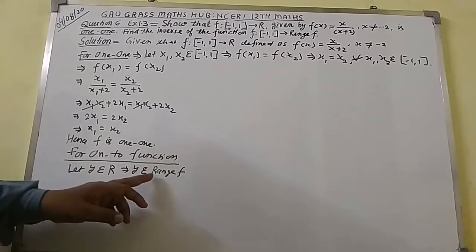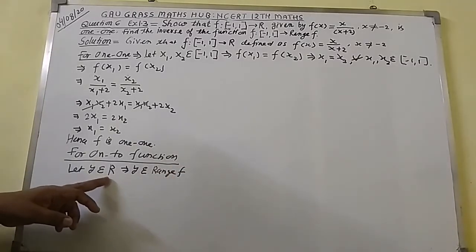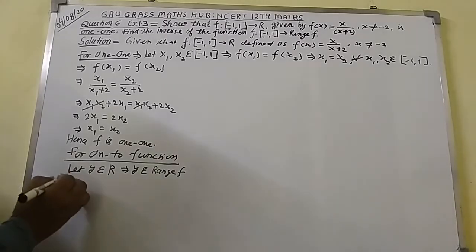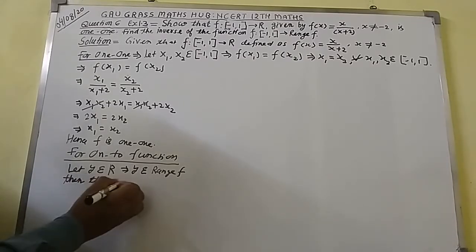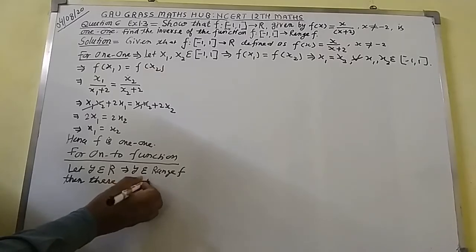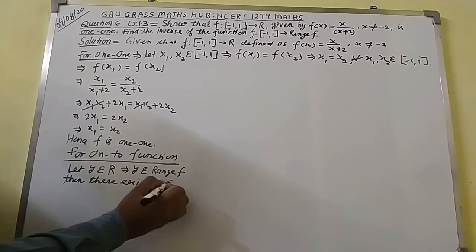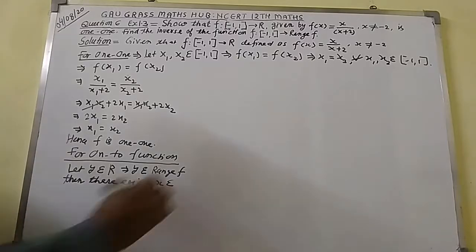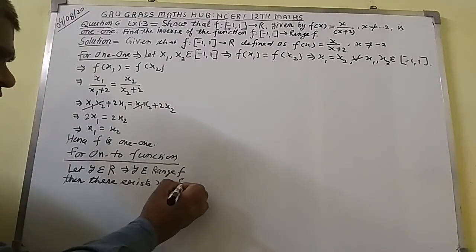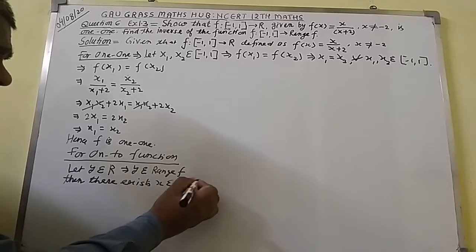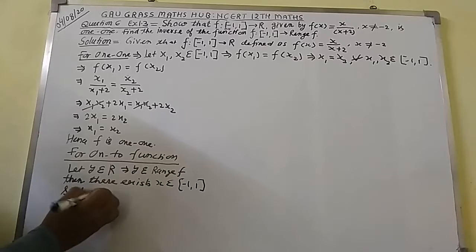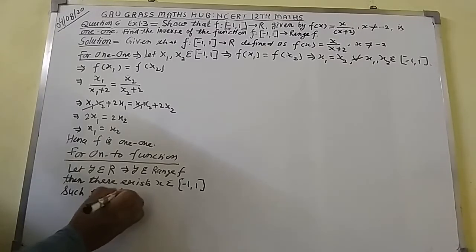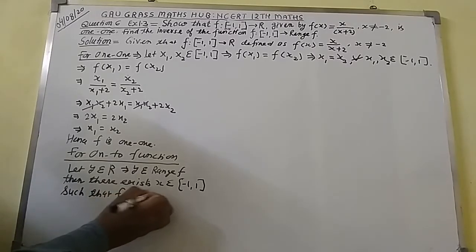Here range f will be equal to capital R. So here I shall write then there exists x belonging to the domain, the closed interval [-1, 1], such that f(x) = y.